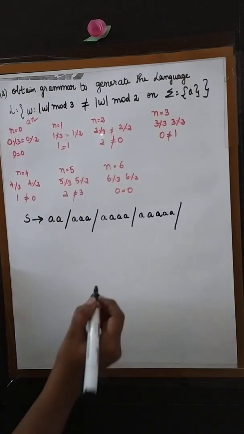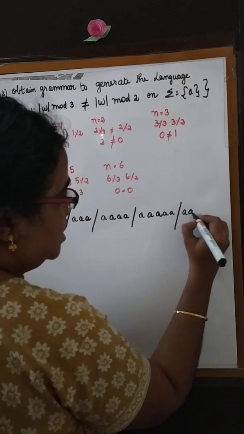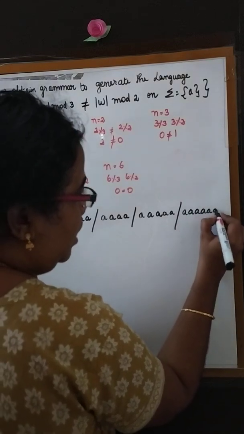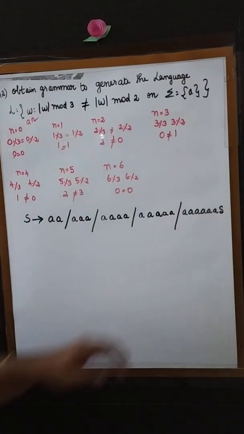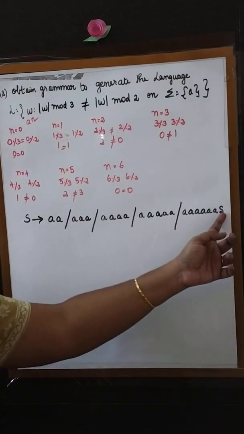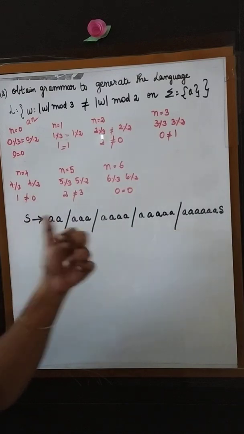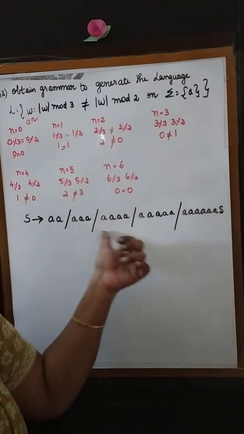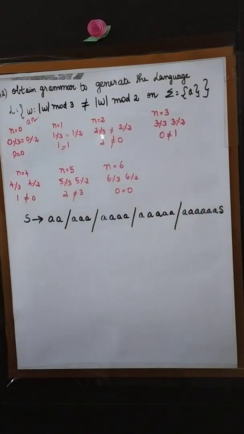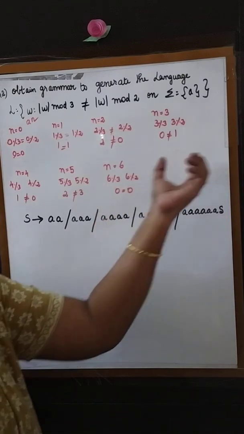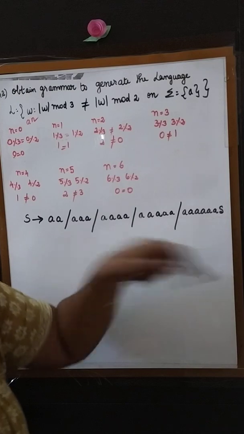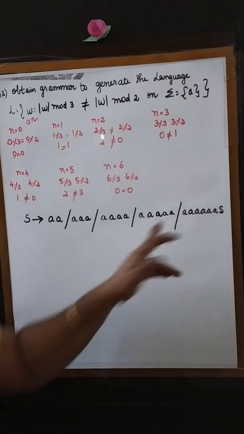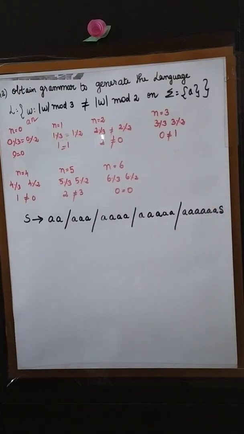So what I am going to do is take that 6 times a followed by S. Followed by S means what? It will not stop here. I can replace it with either 2a or 3a or 4a. From this onwards, the same thing is getting repeated, no? That is why I am taking this 6 times a along with S.